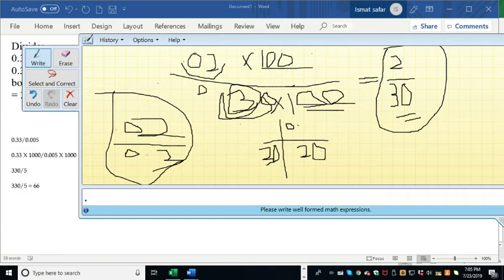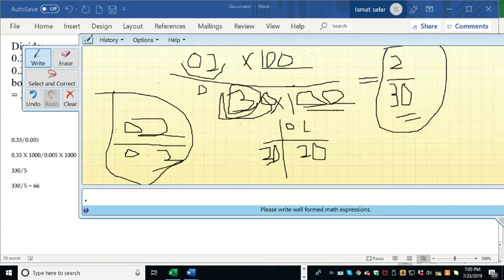Unless the 0 is already in the number, then we don't add the decimal point. If we don't have a 0 in the original number and we add it ourselves, then we have to put a decimal point. Now 20 divided by 30 will not work either.